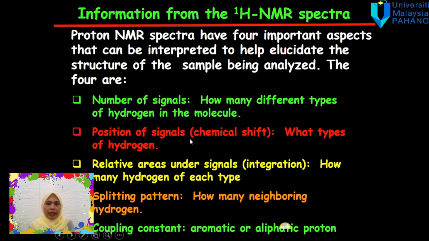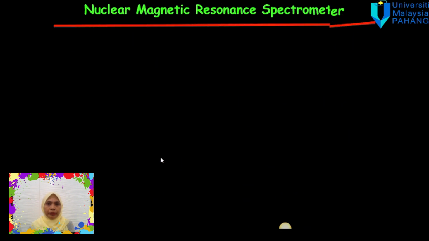They tell us what type of hydrogen. The relative abundance, the area under the signal or integration, tells us how many hydrogen atoms of each type. The splitting pattern tells us the neighboring protons, and the coupling constant tells us the position, whether it is an aromatic or aliphatic proton.